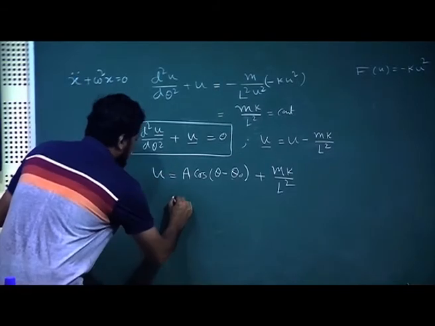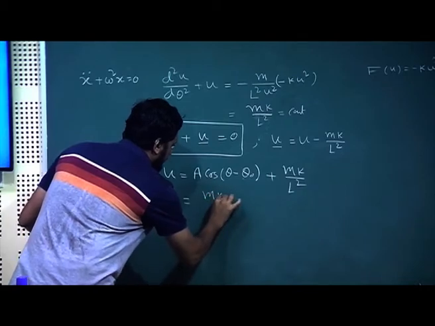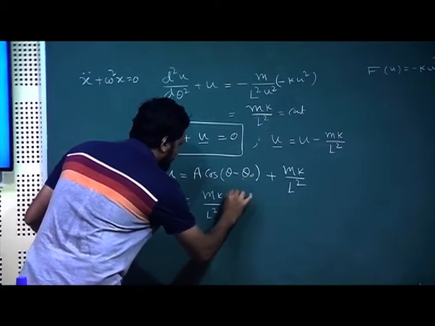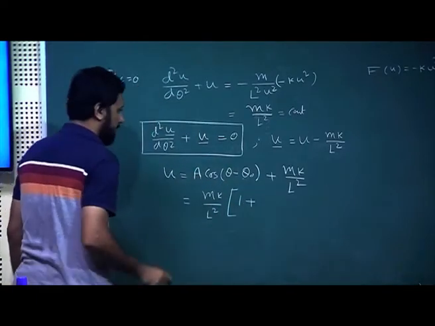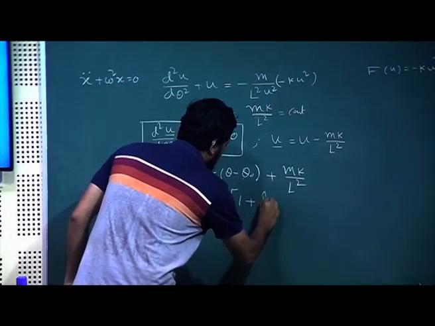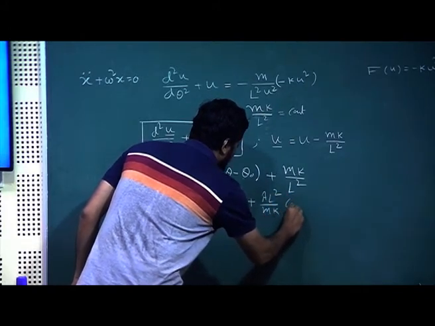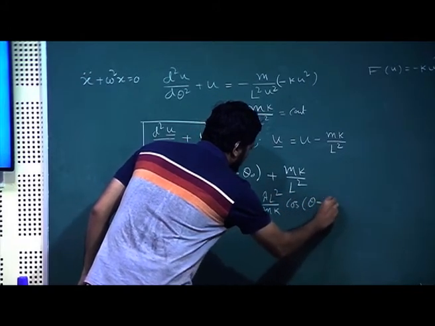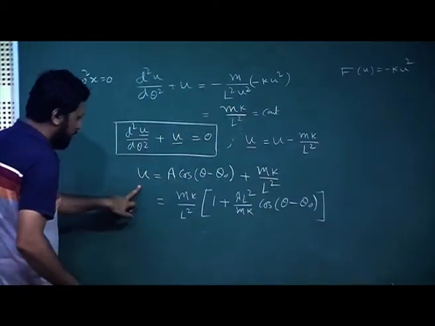Now, if we take mk/L² out of this, then the first term there is a 1 and then there is (L²/mk) A cos(θ - θ₀), and the left hand side is u.